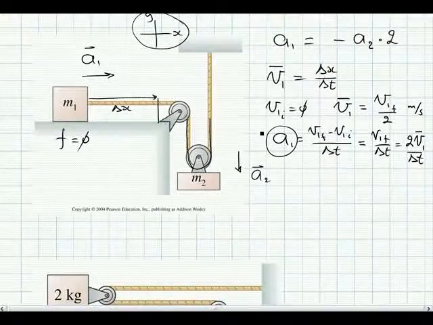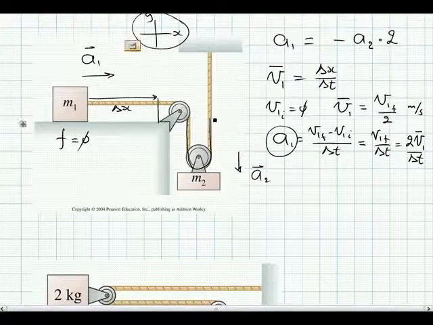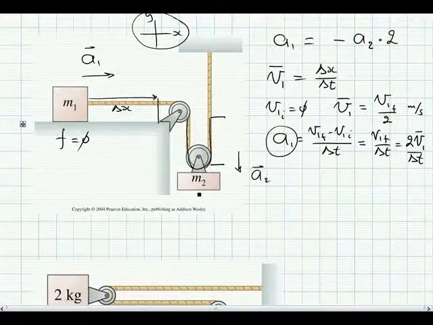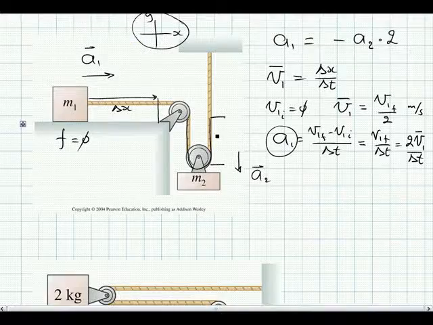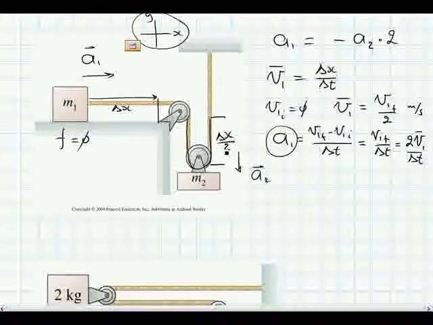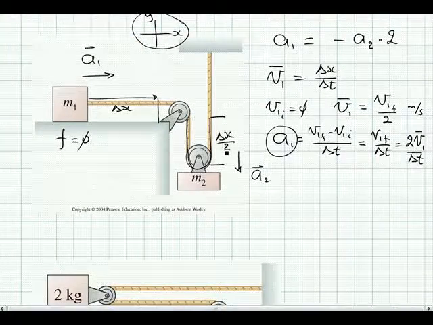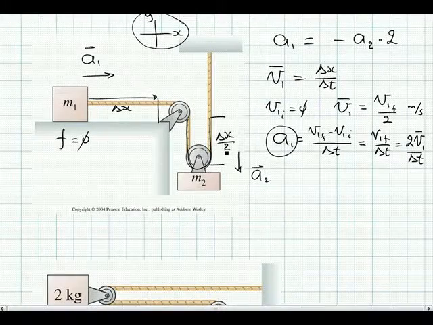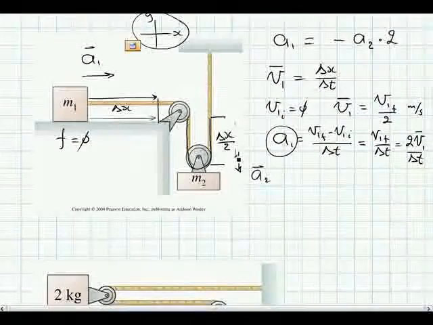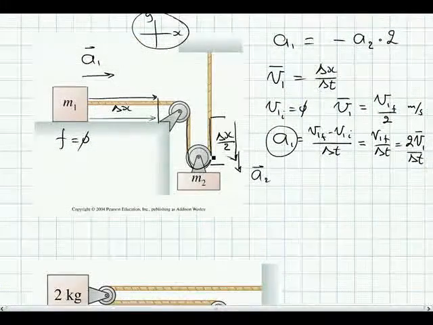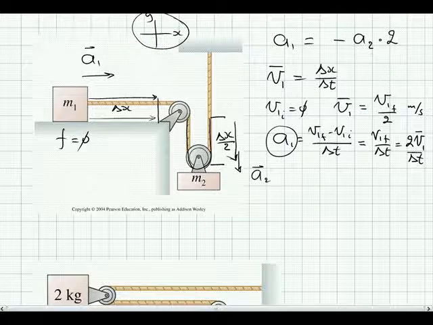Now, during the same time, delta t, what is the distance that mass 2 falls through? If this thing moved through delta x, then of course this is delta x over 2 by virtue of the fact that our rope folds on itself. So for every delta x motion here, we have exactly half as much downward for m2.